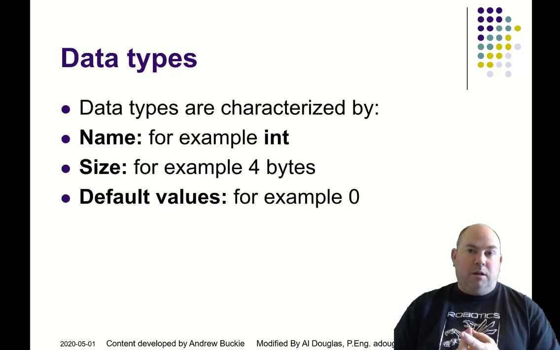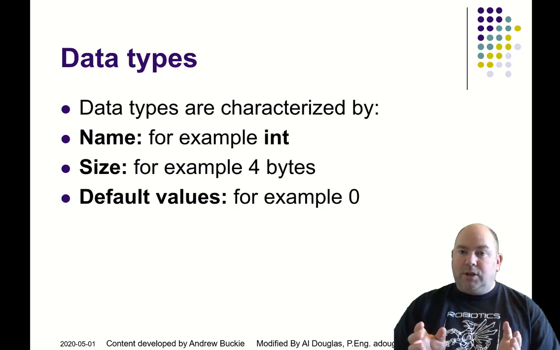A string, which is a string of text characters or alphanumeric characters. And a double, which is a number but a decimal number. So not a whole number but a fractional number. Like 2.68 would be a double.